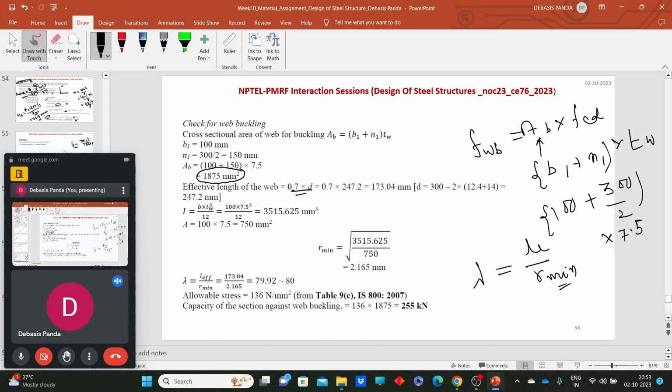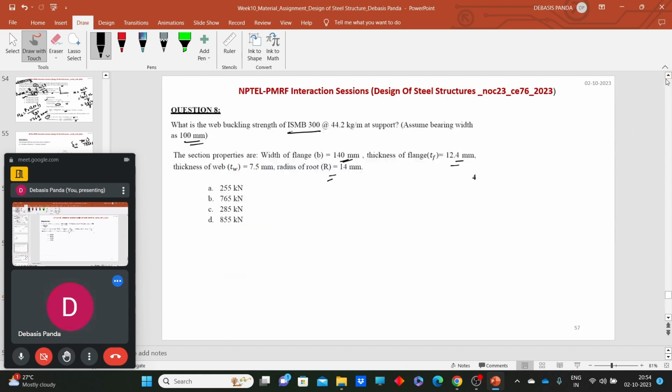We have seen that we need to consider 0.7 times d. d is the effective depth of the web portion. How can we calculate the d value? The d value is calculated as capital D minus 2 into the value of tf plus r. All the values are given here. Okay.